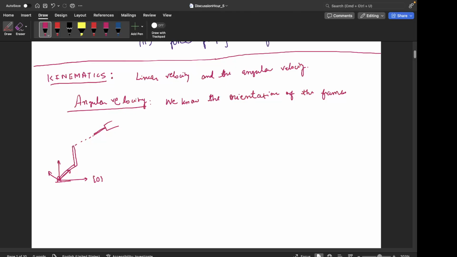At each link, at each joint, we assign the frames, finally up to the tool frame, and other frames are numbered serially from 1 to n. So this is an N-DOF serial manipulator.